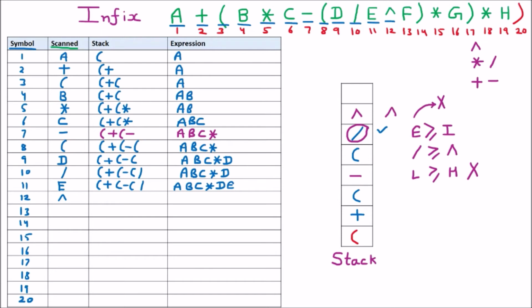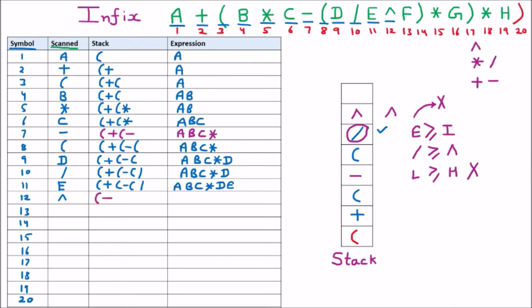So both will remain the same. As I have already told you, if a low precedence operator is there and a high precedence one is coming, the low will not go out. Now the modified expression will be the same, but the stack will be different.